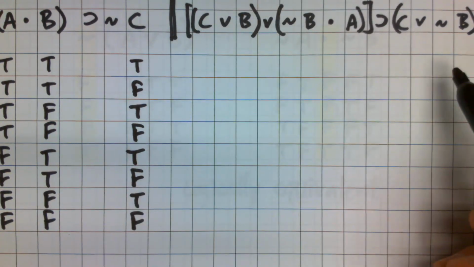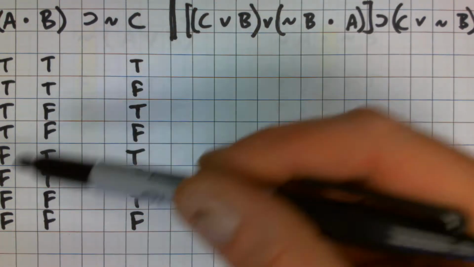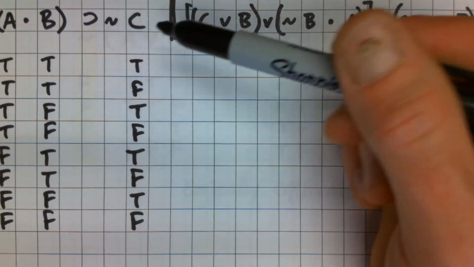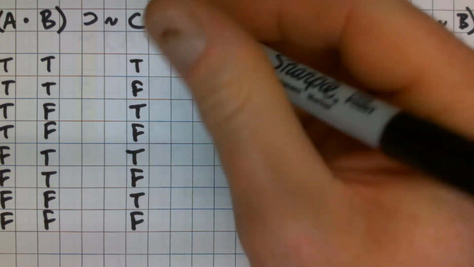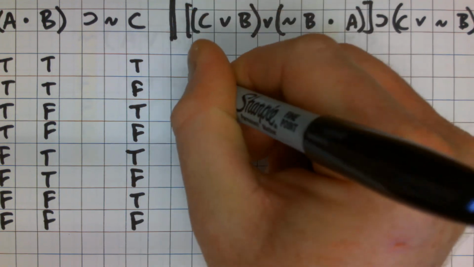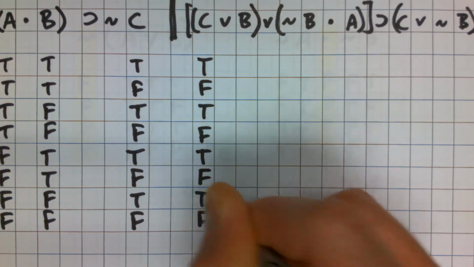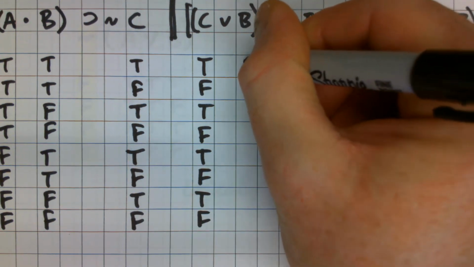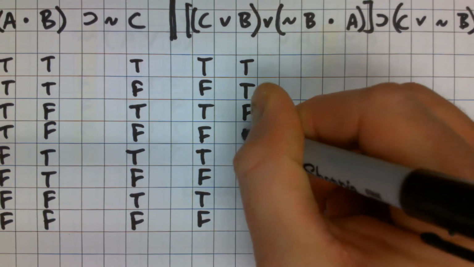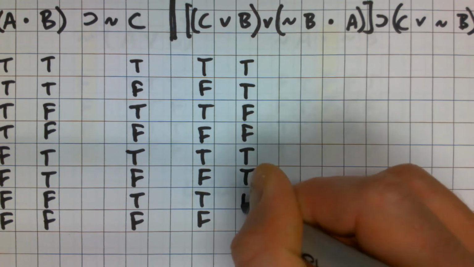Over on the second formula, I need to make sure I'm using the same arrangement of truth values that I did in the first formula. So C is alternating true and false by just 1. B, I did 2 and 2 as my alternating pattern.